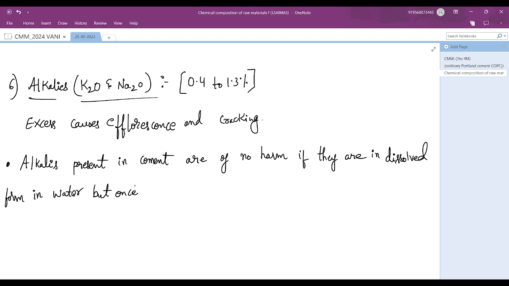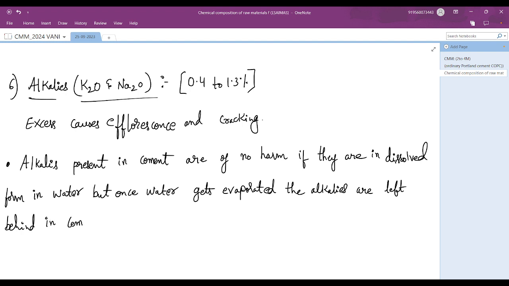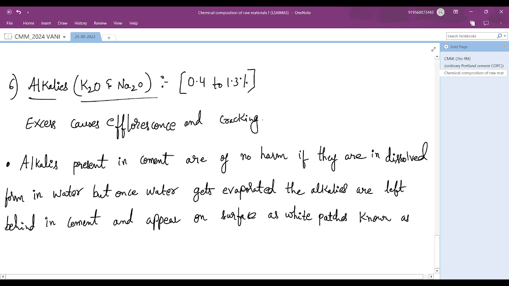But once the water gets evaporated, the alkalis are left behind in the cement and appear on the surface as white patches known as efflorescence.